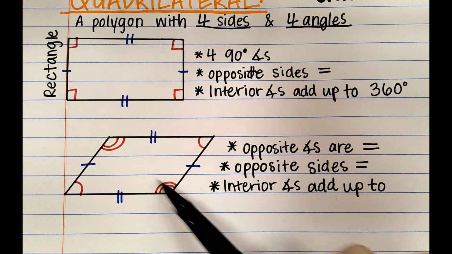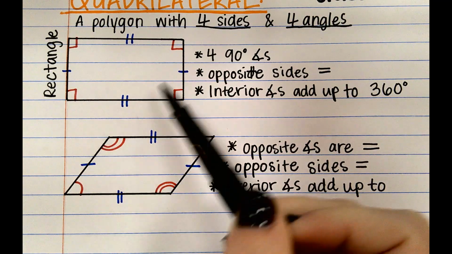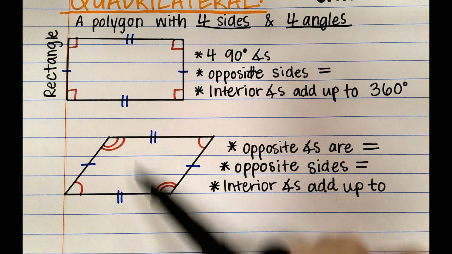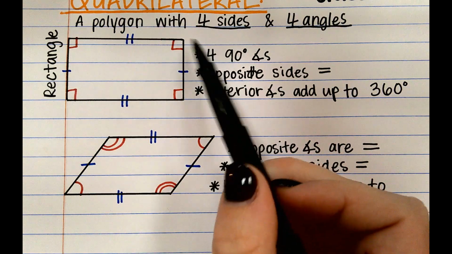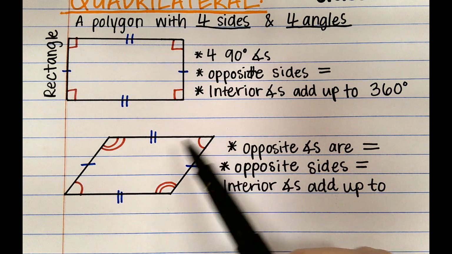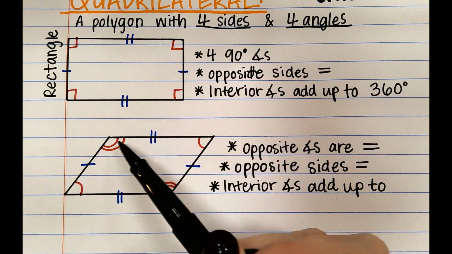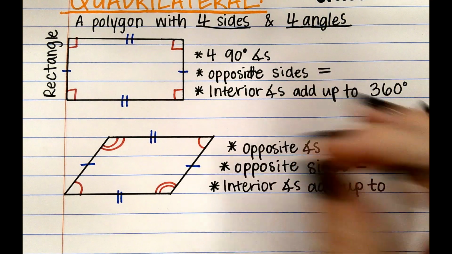Notice that these opposite angles got bigger, so they're no longer 90, they're more than 90. But the other opposite angles got smaller, so they're less than 90. So whatever was gained on the bigger angles was lost on the smaller angles.